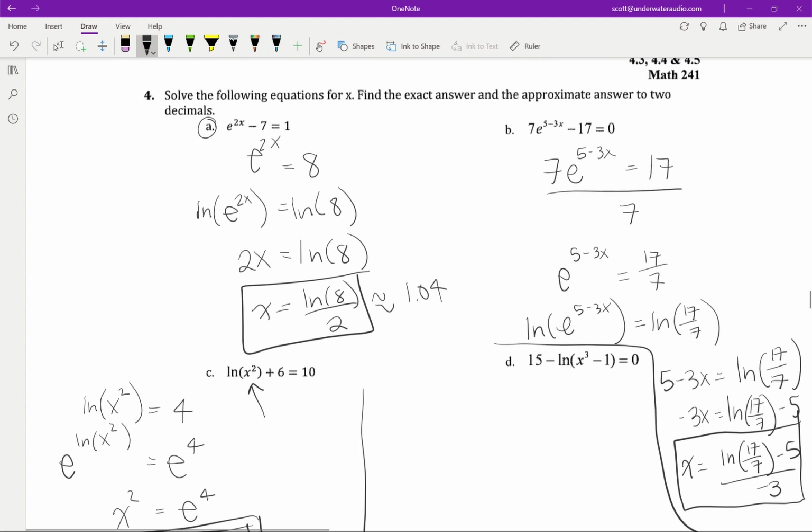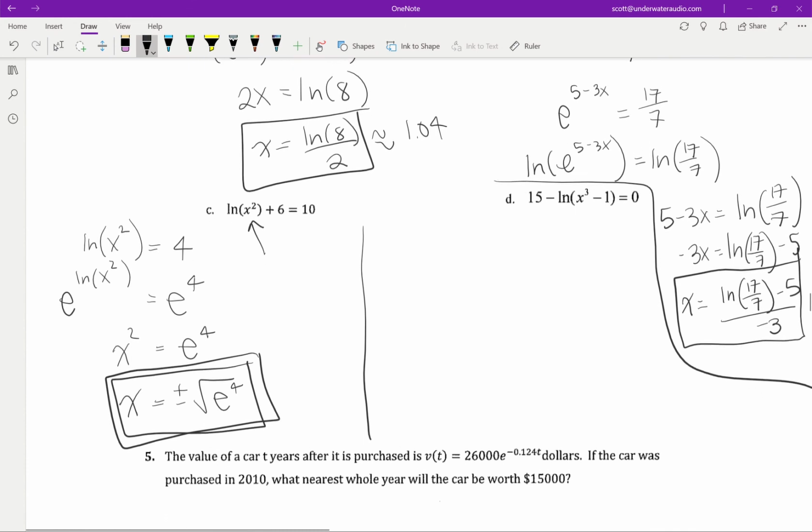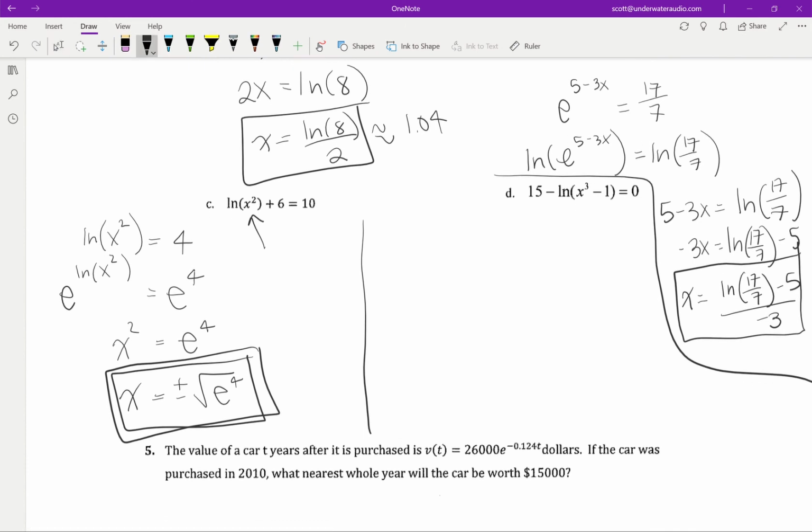All right. D. So I want to get the x value by itself. So I would add the natural log of x to the other side. x cubed minus 1.